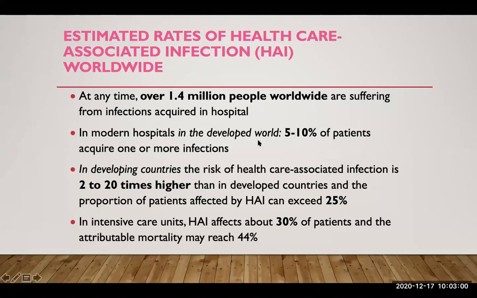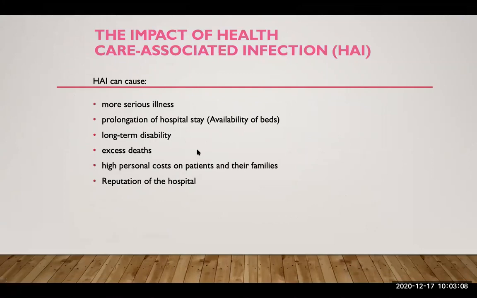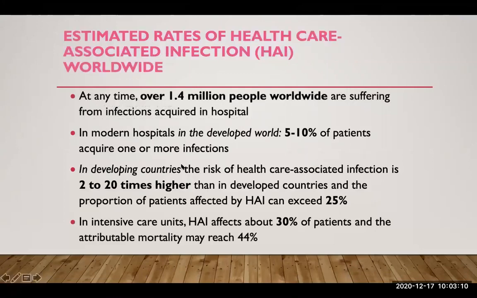So it shows how impactful infection is to the population. In modern hospitals in the developed world, 5 to 10% of patients acquire at least one infection or another. In developing countries it is still higher, 2 to 20 times higher compared to developed countries, and the exposure to hospital associated infection exceeds 25%.